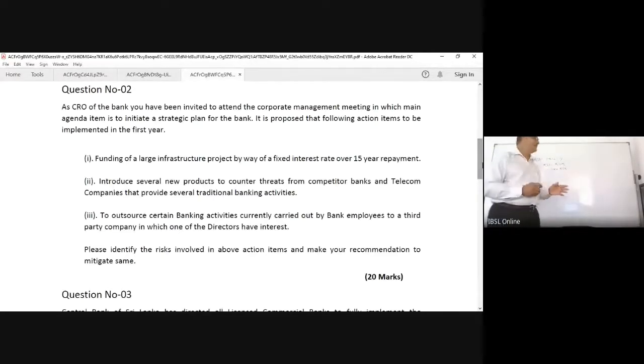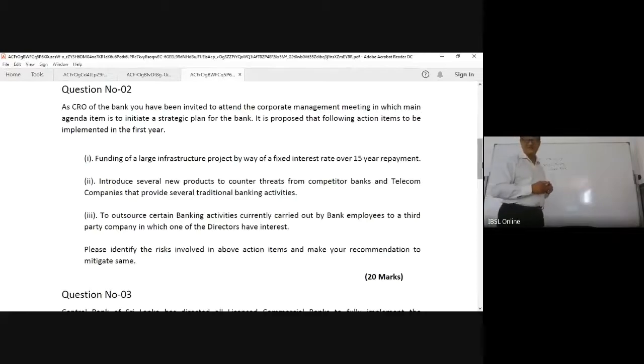If he fails, you have credit risk, but the risk comes from the long period you have given. Otherwise, if it is a short period, you would have recovered your money. So this is one of the risks we have identified.